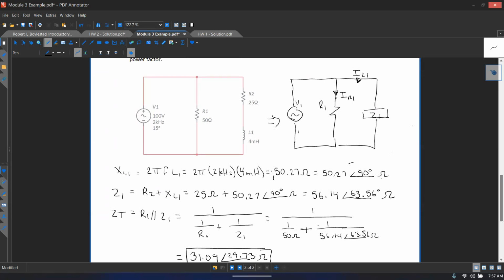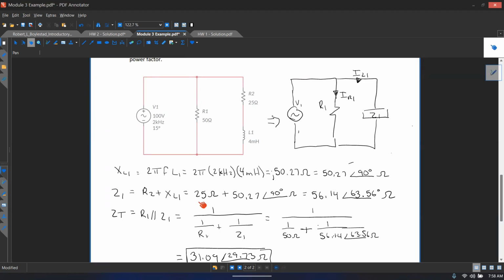All right, so now I want to combine these two together so I can add this in parallel with R1. So that's what I'm going to do here, and I'm going to call it Z1. So Z1 equals R2 plus XL1.